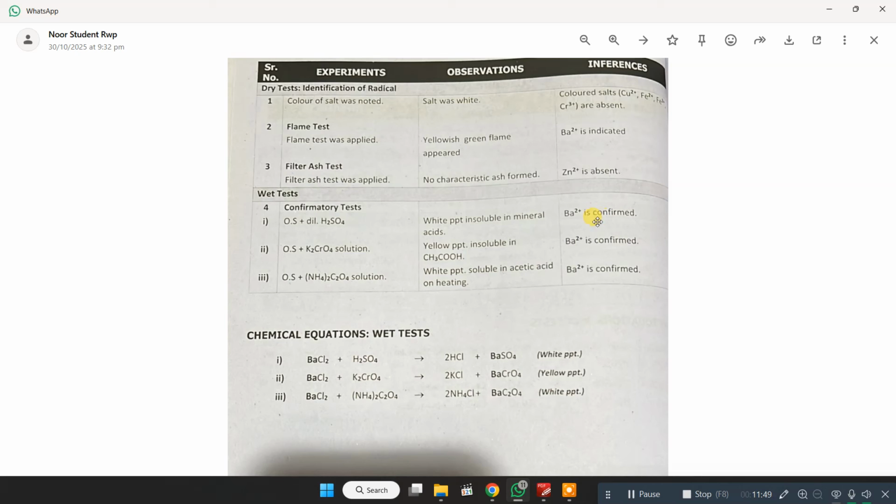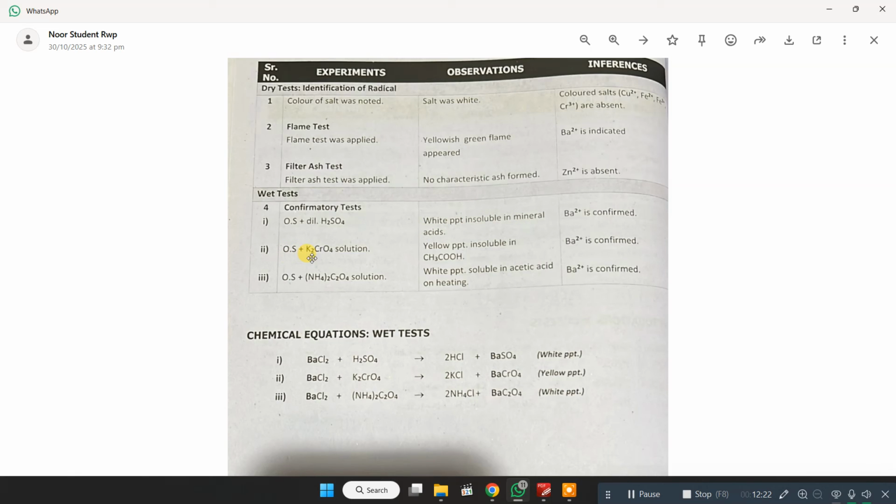In the calcium case, the flame gives a brick red color, and again the original solution of calcium chloride with dilute sulfuric acid forms a white PPT, which confirms the presence of calcium ions. So the major difference right here is the color of the flame, as well as the confirmatory test that has been done.